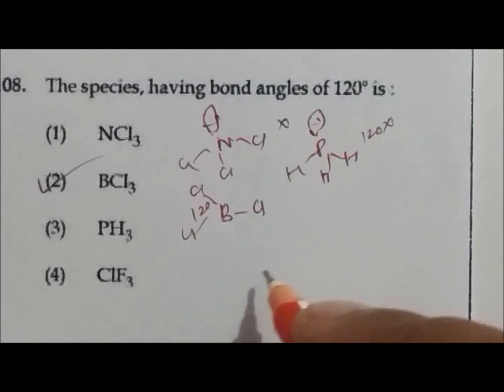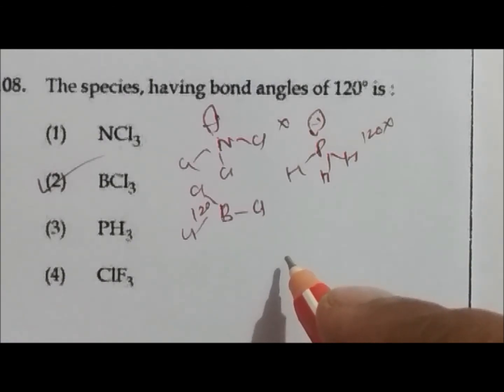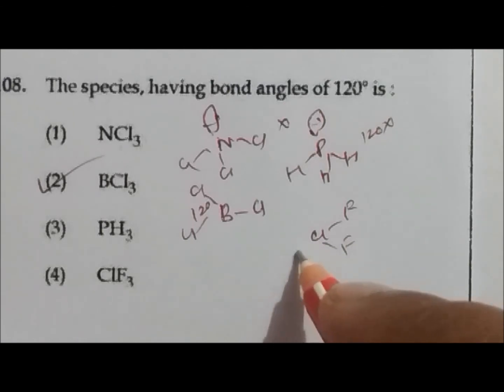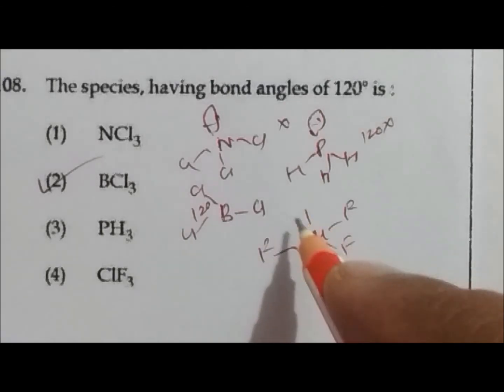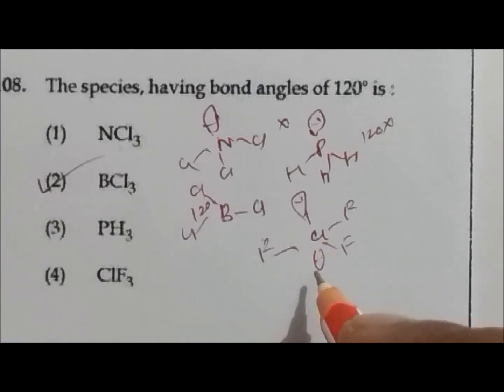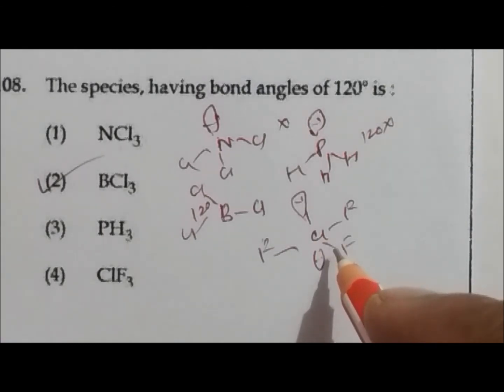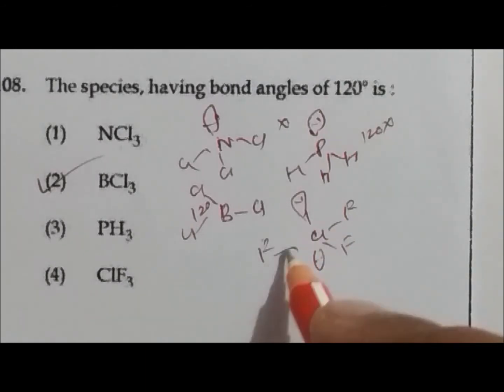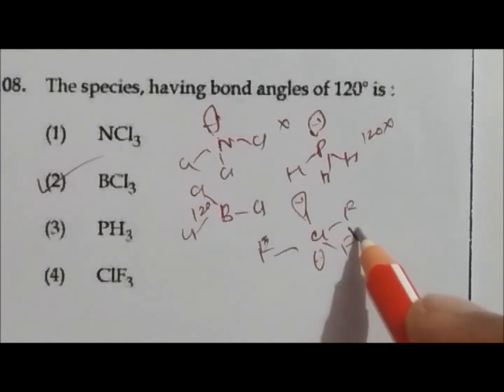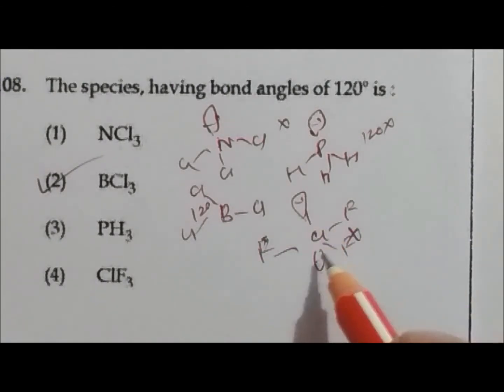And if you take ClF3, it is Cl with 1 fluorine, 1 fluorine and 1 fluorine, and there are lone pairs there. So 4 plus 7, lone pairs there. So is an angle of 120 possible? This seems possible for ClF3, but if you see carefully, this is again a wrong statement because the lone pairs will be along the equator.